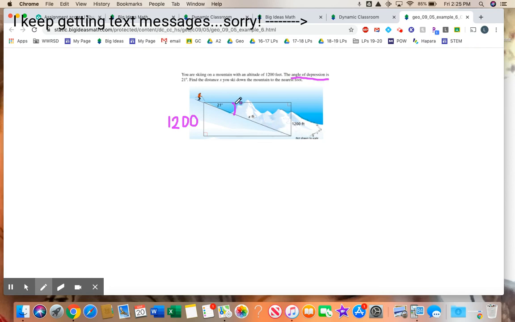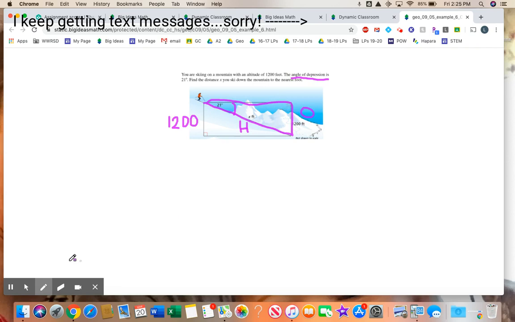So in this case, we're going to work off of this right triangle. You could use the other one, but since everything's labeled in this one, I'm going to use this. From this angle, the side we know is opposite. The side that we want to know is the hypotenuse because that's across from the 90-degree angle.